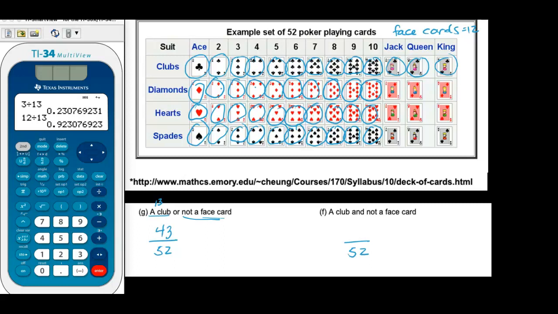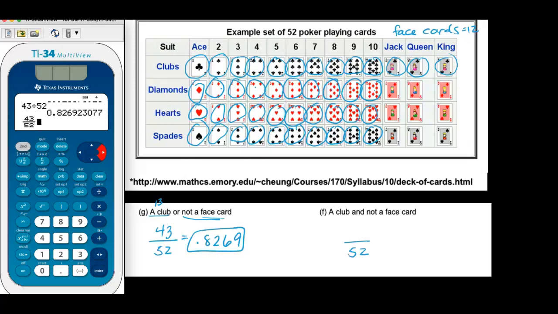We can't actually reduce that, but we can put it in our calculator to find the decimal. And so we get a decimal of 0.8269. If you weren't sure if this was reducible, you could use your fraction button and just do 43 over 52.